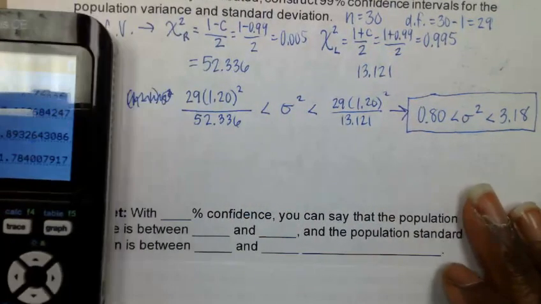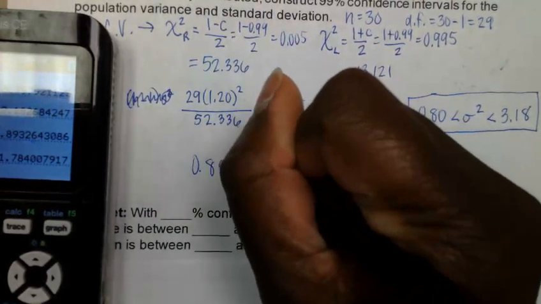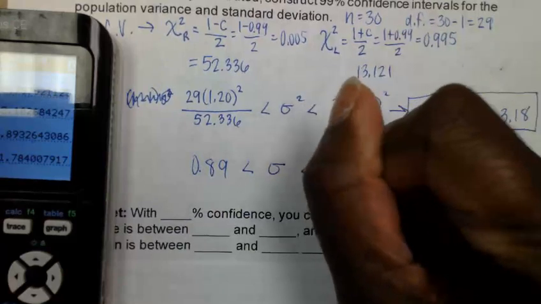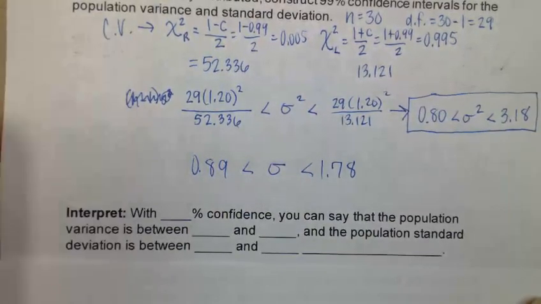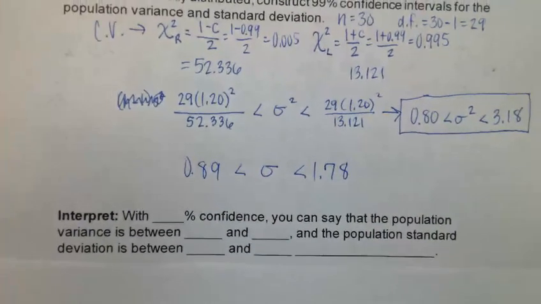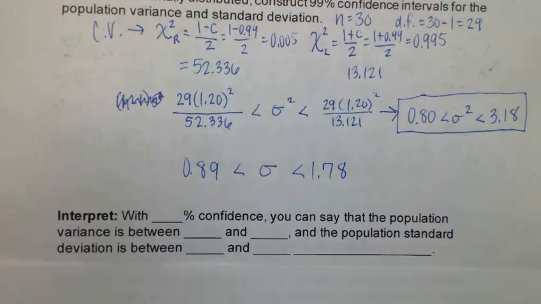So for the population standard deviation, we have 0.89 and 1.78. That's a calculator shortcut. Make sure you go up, copy, and paste.